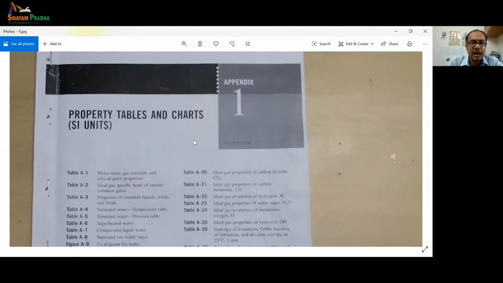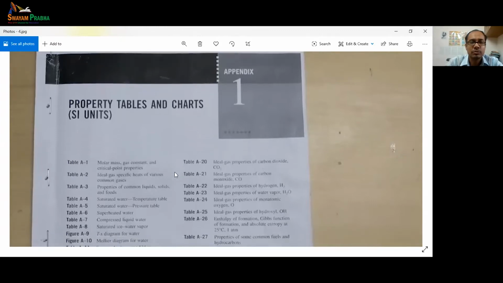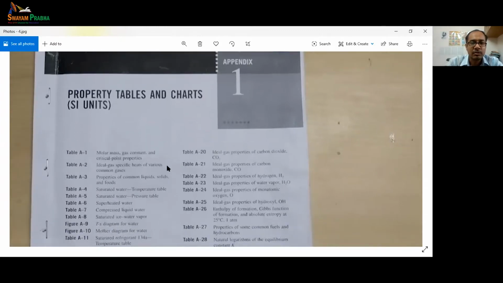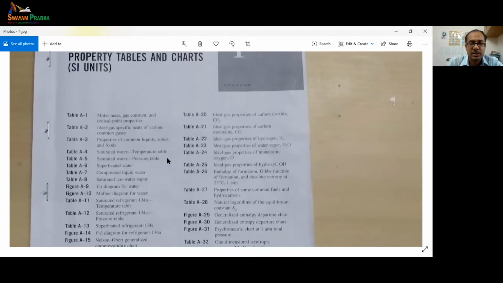So this is my version of the property tables. This is taken from the Cengel and Bowles book only, and we will use the numbers from this table. So here I should mention that these numbers may vary a little from one book to another. Okay, but the reason is not that there are multiple versions of it. The only thing is the reference point wherever a particular author has taken may alter the numbers slightly.